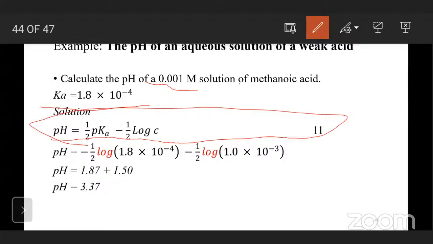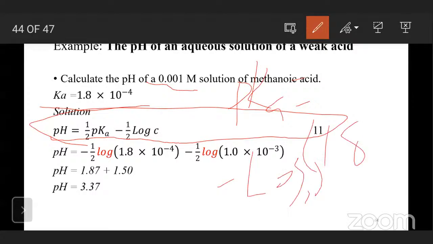If you like, you may first determine your pKa separately. If it's convenient for you, you may first do that, and that is minus log to base 10 of 1.8 times 10 raised to power minus 4. We are only putting the value for Ka into that expression.